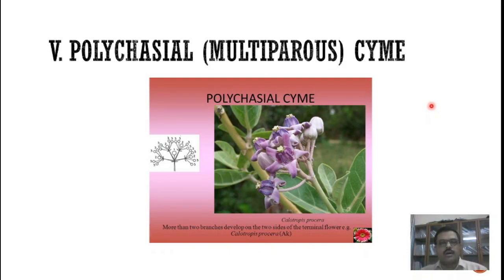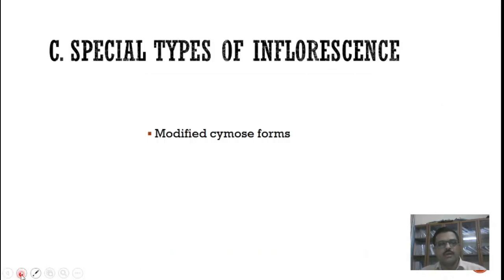Now there are a large number of inflorescence, several inflorescence, which cannot be included in racemose or cymose. We cannot include them in either of these two types, and they are called the special types of inflorescence.